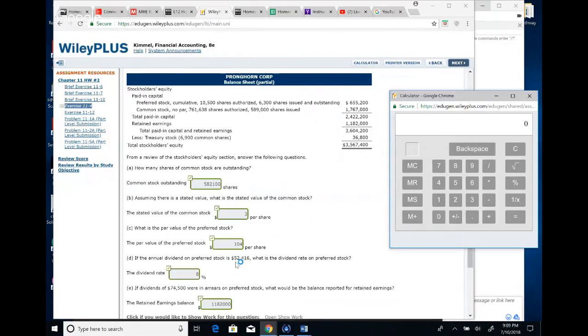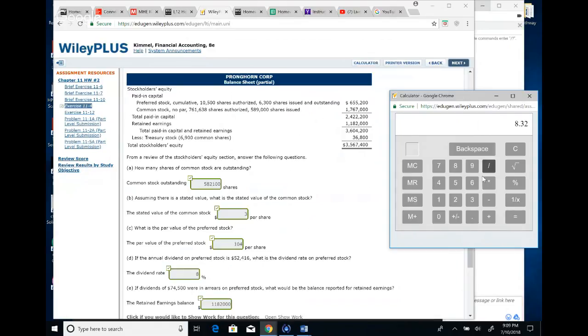So if you take 52,416 and put that on the left side of your equal sign, and then you have 6,300 shares, you're looking for your variable of X percent times $104. So you end up dividing the 52,416 by the 6,300 shares, and that gives you 8.32.